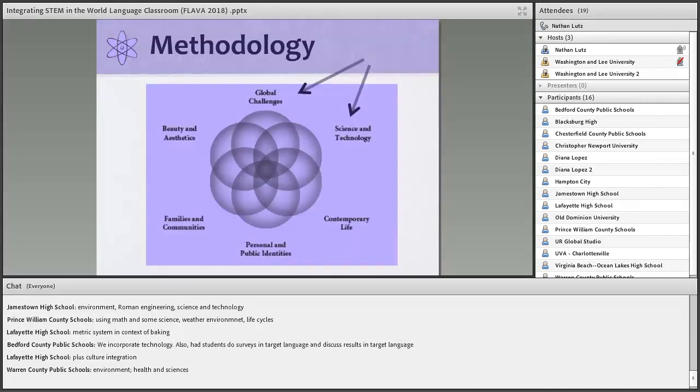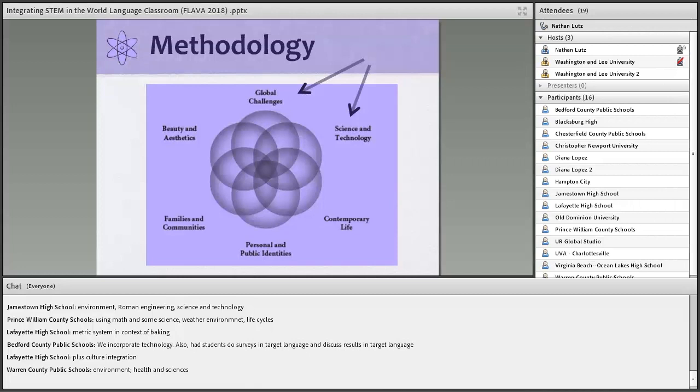So for those of you who teach high school, you may be more interested in looking at this type of scenario. These are the AP themes. And we, in fact, at my school, align all of our world language curriculum, starting in pre-K all the way through grade 12, to the AP themes so that we can get students thinking about these various topics from a very early age.